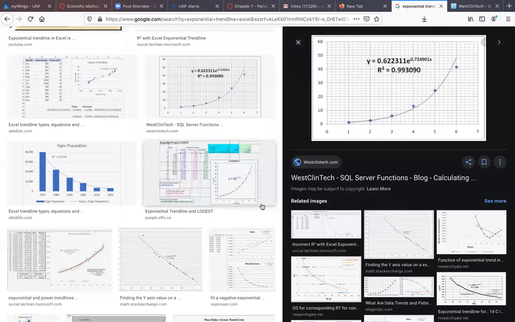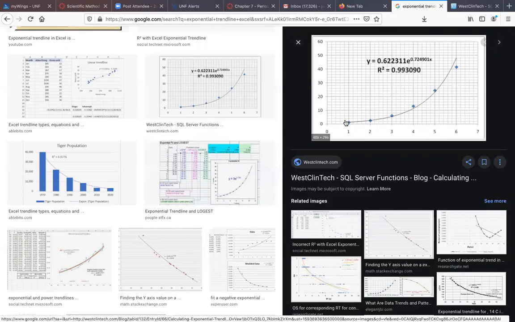It's pretty straightforward. Instead of having a straight line, you'll have something similar to this, where the line follows or goes through your graph. It's not going straight. This is just an explanation; yours might be like this, or like this.